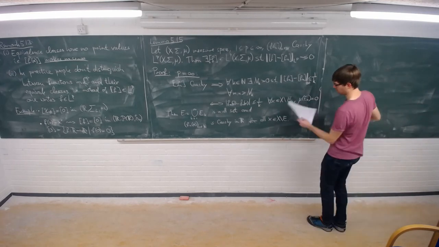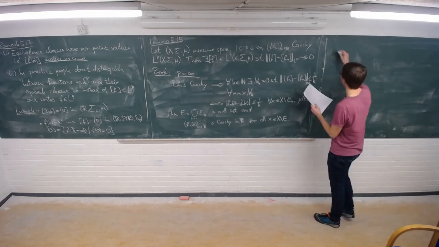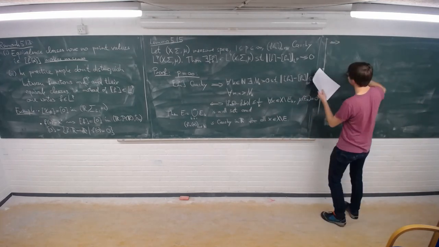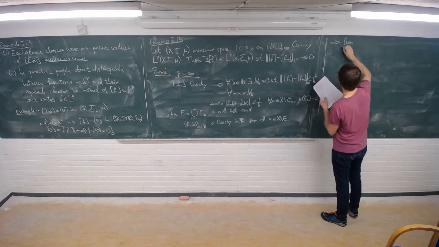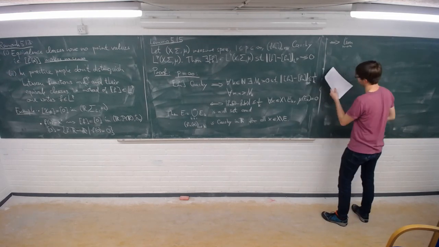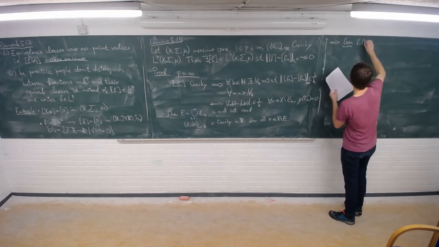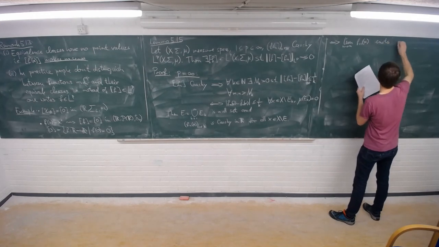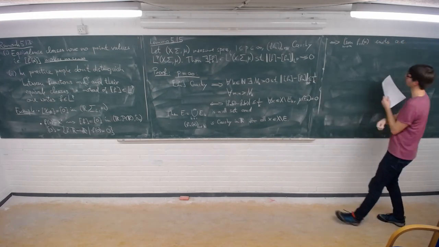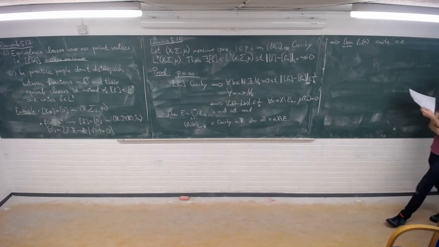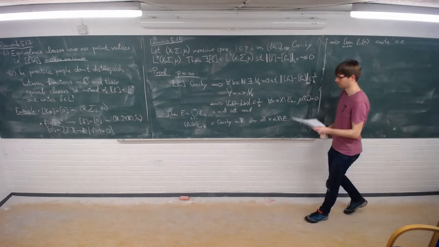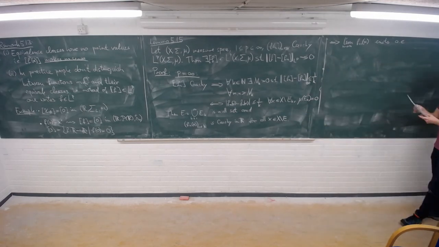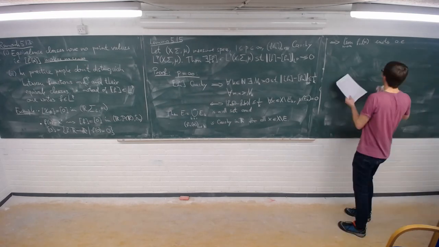So, Cauchy sequence in R, thus the limit as n goes to infinity of Fn of x exists almost everywhere, in X minus E. But then we can do the following.